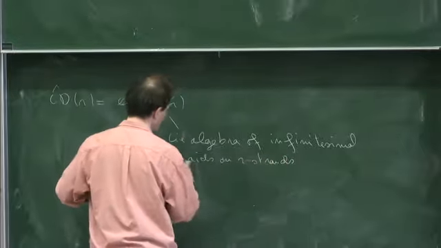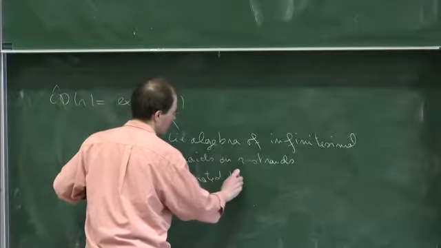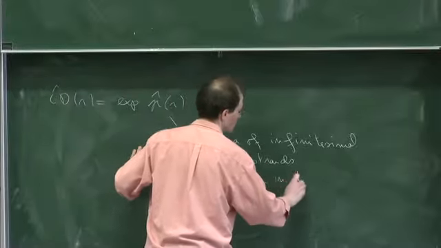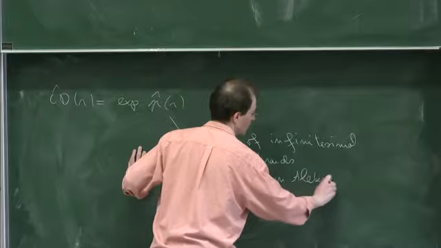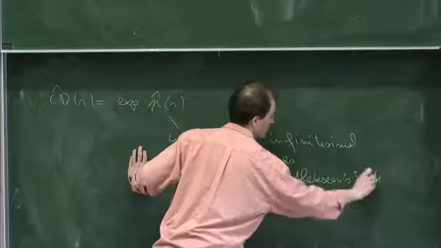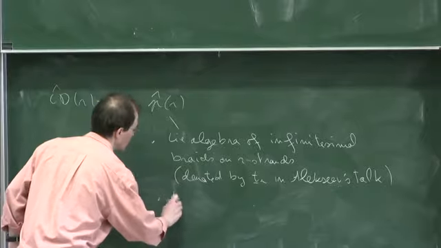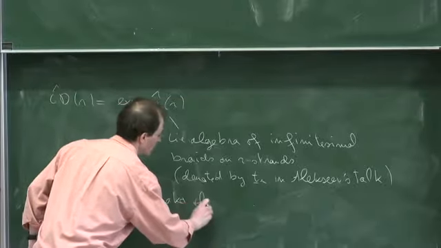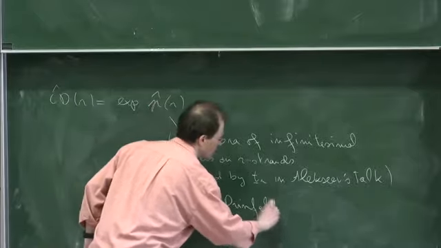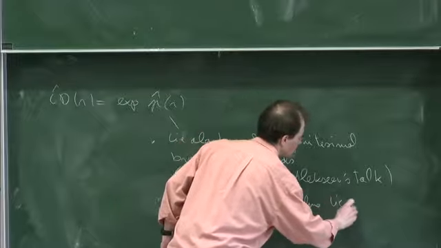This object was denoted by TR, if I remember well, in Alekseev-Torossian. It's also called the Drinfeld-Kohno Lie algebra.